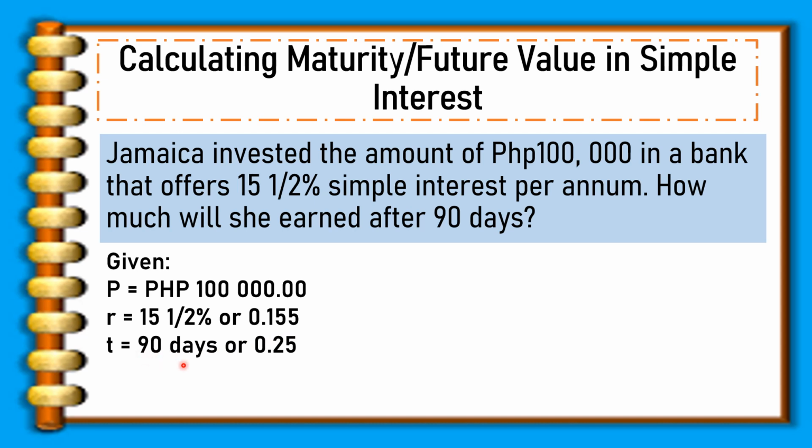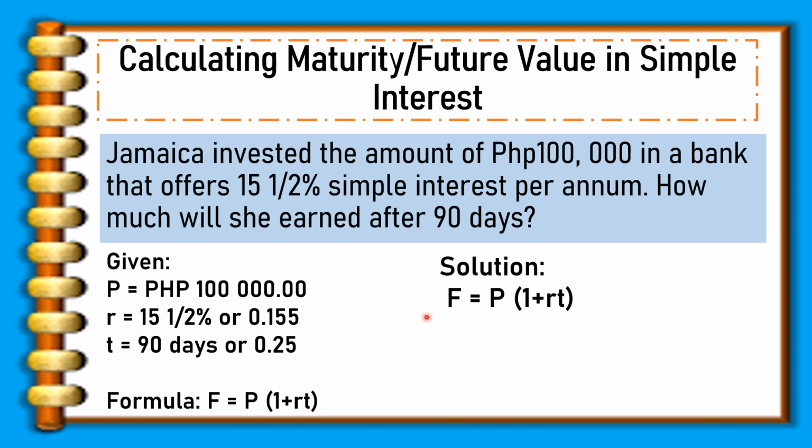Term of 90 days converted into a year, it is 0.25 years. Simply divide 90 by 360. And the formula to be used, future value equals present value multiplied by 1 plus rate multiplied by time.